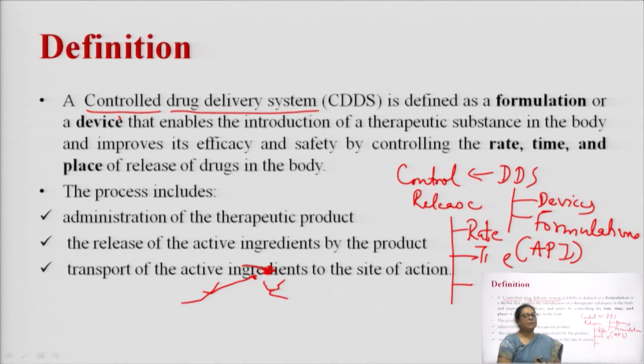The second step involved is the release of active ingredient by the product. The third step is the transport of this active agent to the site of action. So, all these three steps occur sequentially and directly relate to the performance of the drug product inside the body.